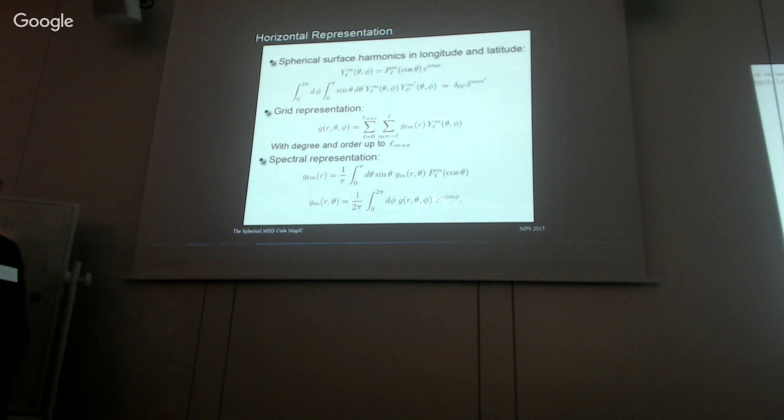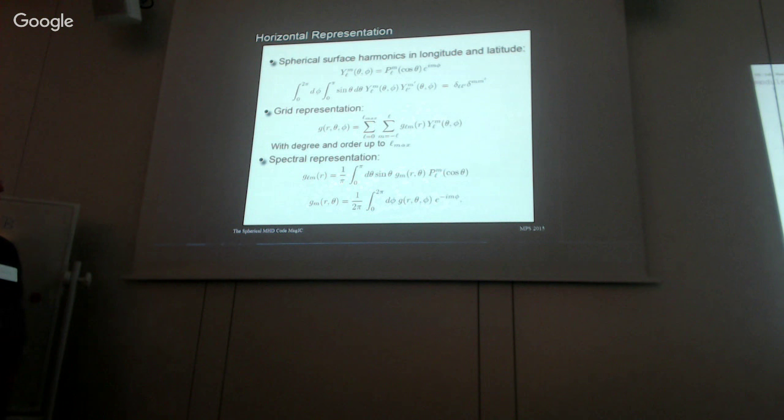So this here is just the e to the minus i m phi, and then you just integrate over all longitudes. This is just the Fourier transform. So here you can use fast Fourier transforms. And then you need this additional step where you basically integrate over the latitudes, right? Multiplying the P l m.